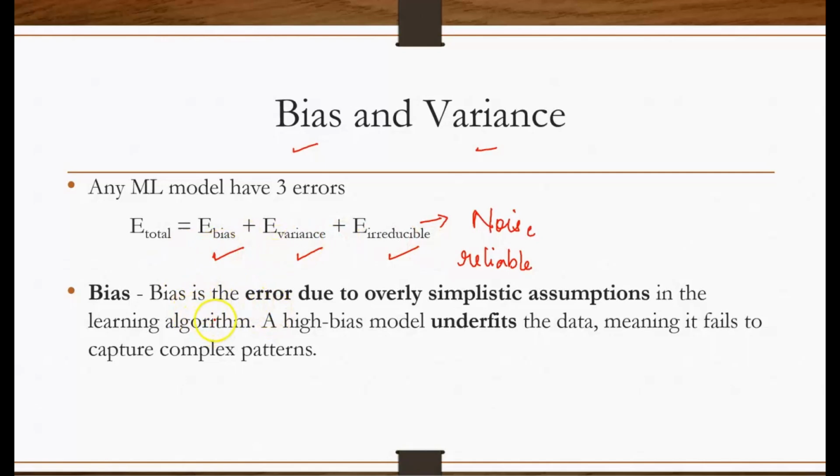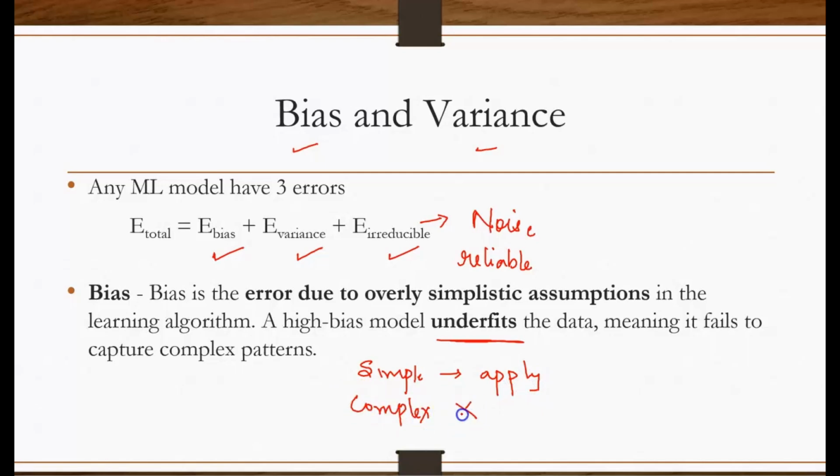What is bias? Bias is actually the error due to overly simplistic assumptions in the learning algorithm. That means the model consistently underfits the data. What is happening here is we are applying only simple decisions on the model and not applying any complex decisions.